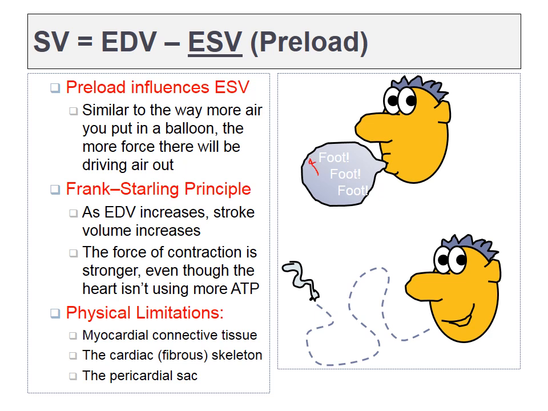If there's more force on the inside of the ventricles, when you open up the exit, that blood will eject faster, and therefore you will be ejecting more blood. There will be less left over in the ventricles when you're done. So a higher preload should lower ESV.